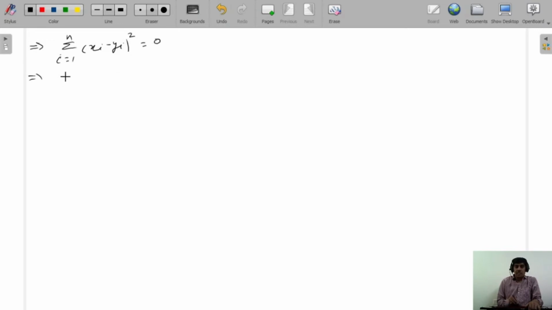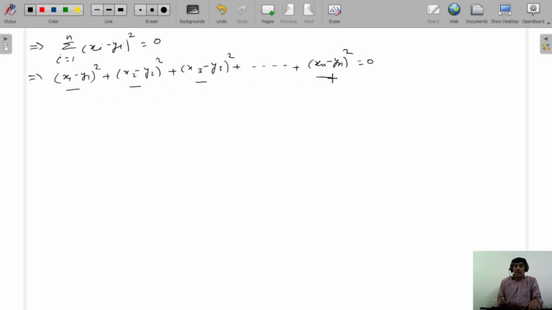This implies (x1 − y1)² + (x2 − y2)² + (x3 − y3)² + ... + (xn − yn)² = 0. All are square quantities, and their sum is equal to 0. Therefore each quantity must be equal to 0 separately.